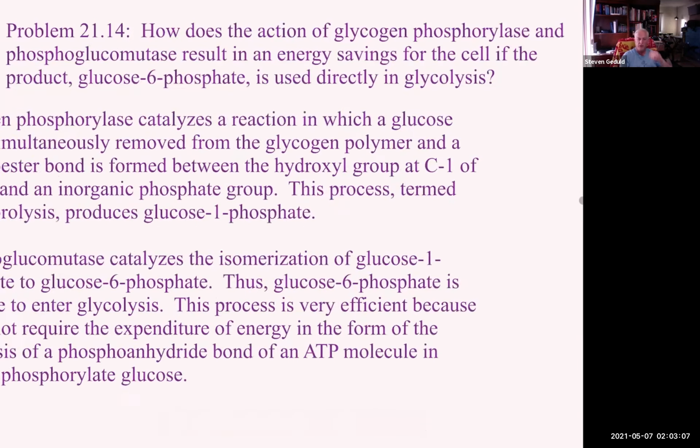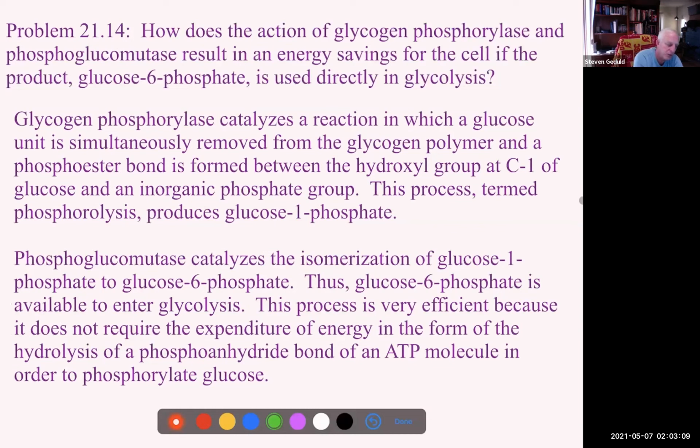Okay. And what happens is glycogen phosphorylase, like we talked about, catalyzes the reaction in which a glucose unit is simultaneously removed from the glycogen polymer, and a phosphoester bond is formed between the hydroxyl group of C1 of glucose and the inorganic phosphate group. Okay. Glycogen phosphorylase produces glucose 1-phosphate.